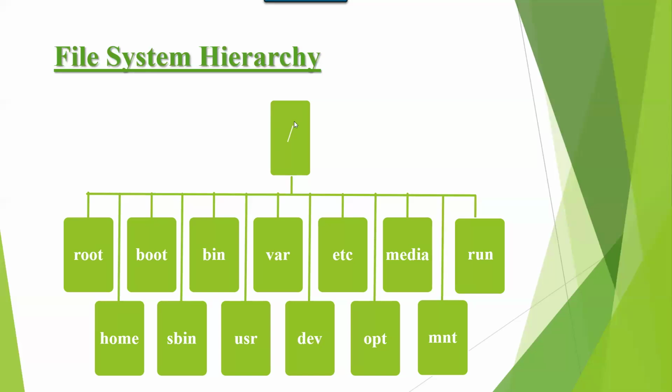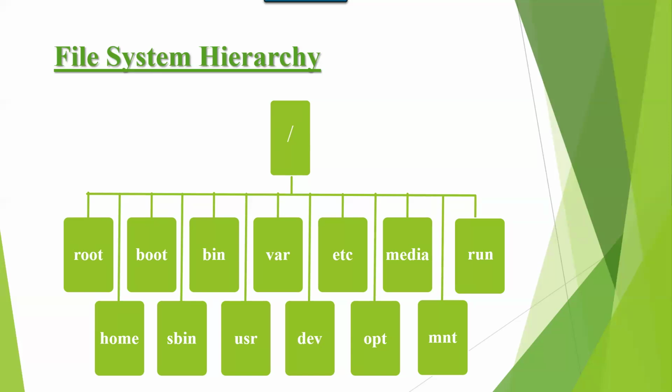I'm repeating, forward slash is a parent directory or top level directory in Linux. Under forward slash, we have subdirectories, and it is similar to C in Windows. The next one is root. Root is the home directory for the super user. Super user means administrator.